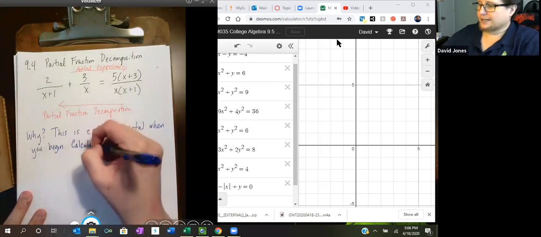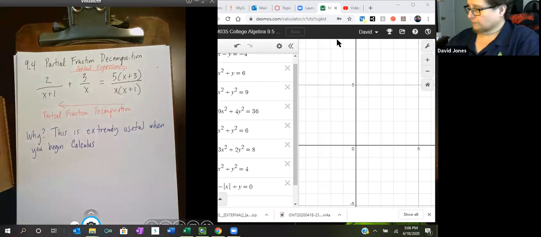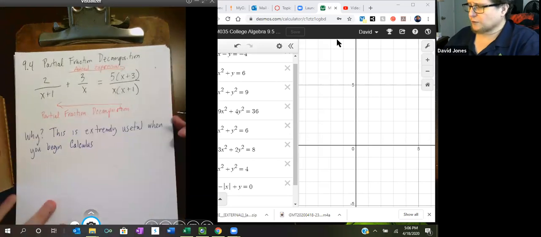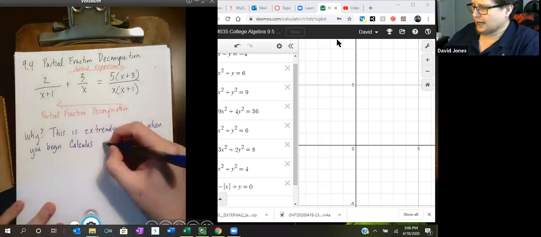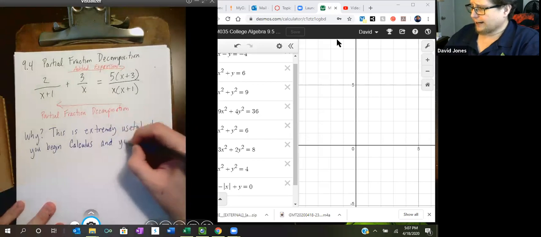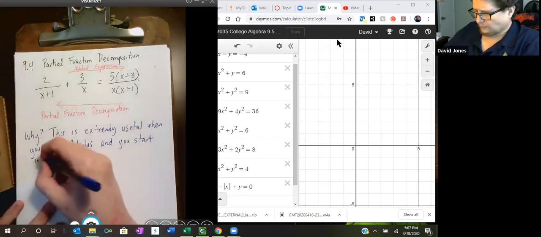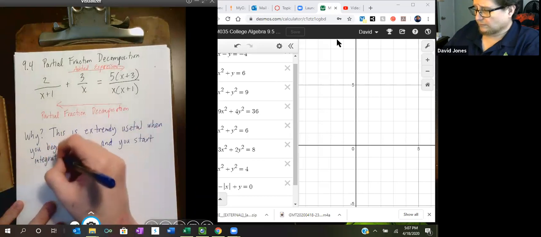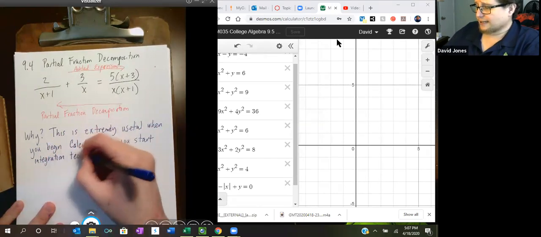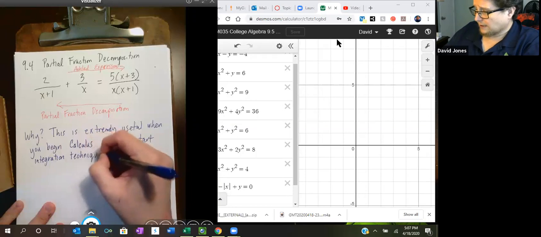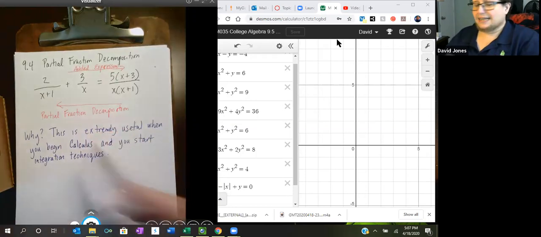I'm assuming you attend our school, College of the Sequoias, but this may end up spreading beyond our school. So this is extremely useful when you begin calculus and you start integrating. Start integration techniques. It is a lot easier to integrate what's on the left than it is on the right.